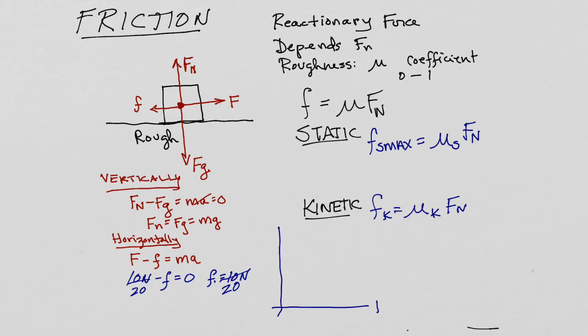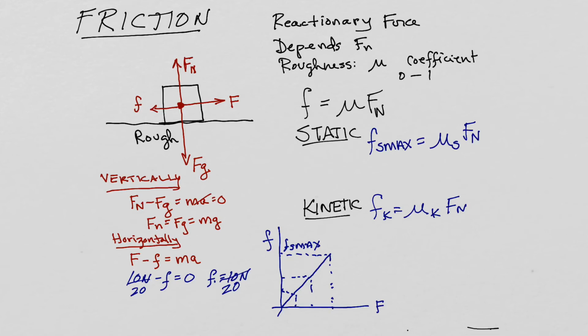So if we were to graph the applied force here and the friction here, if you push a little bit, you get a little bit of friction. If you put a little more, you get a little more friction, and this would be static friction. As you reach a certain threshold, though, you get to a point over here, which is the value of Fs max, maximum amount of static friction.